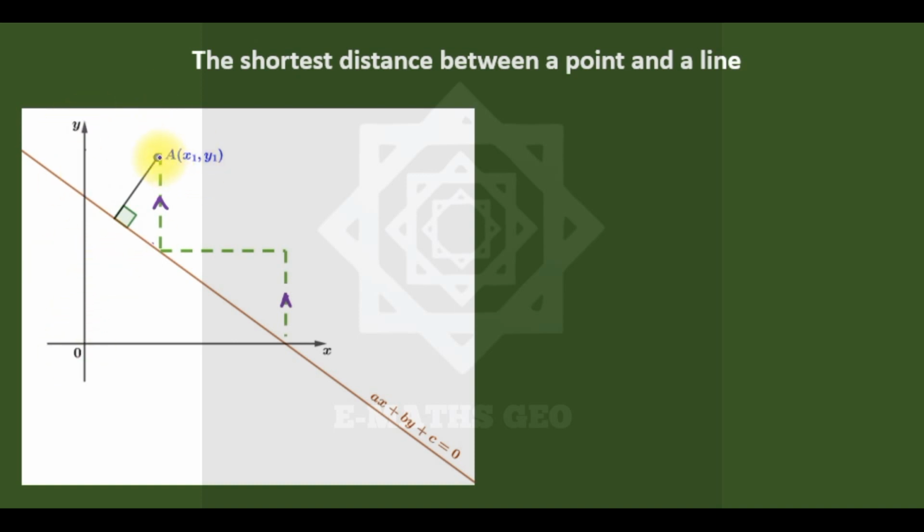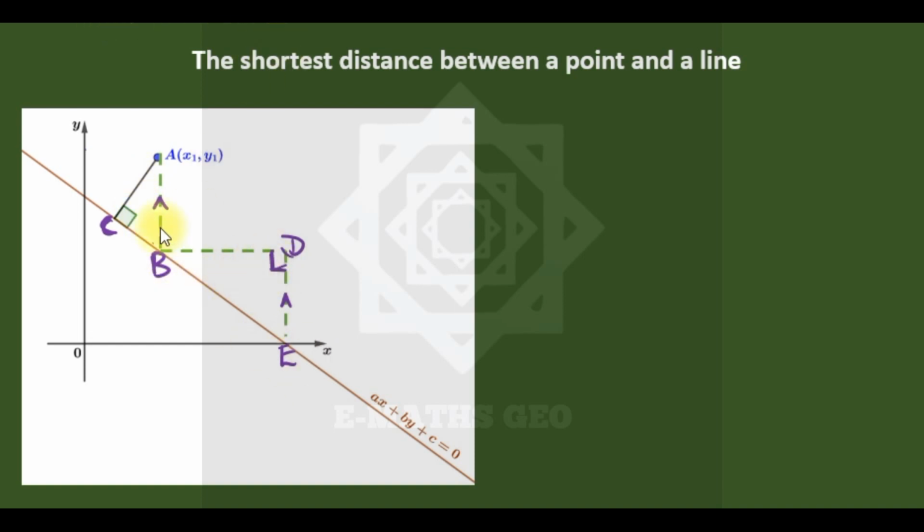So if we label this A, B, C, D, and E. As you can see, as this is parallel to our y-axis, so this should be 90 degrees.